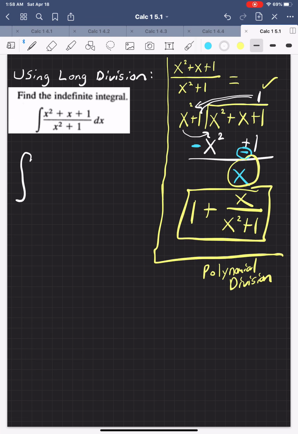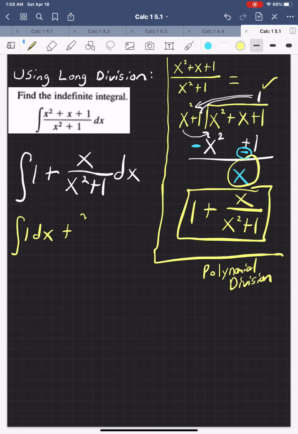Instead of having this mess that we have in here, we can rewrite it as 1 plus x over x squared plus 1. Now, why is this good news for us? Well, because we can break this up into the integral of 1 with respect to x plus the integral of x over x squared plus 1 with respect to x.